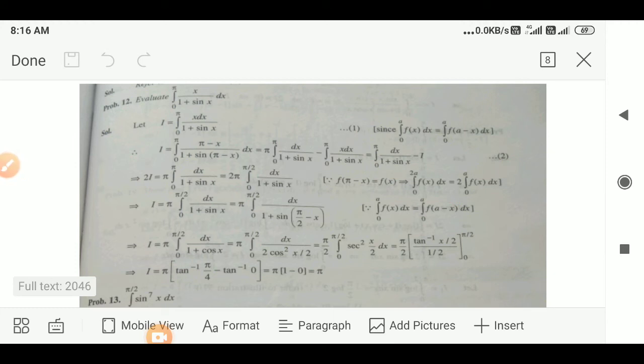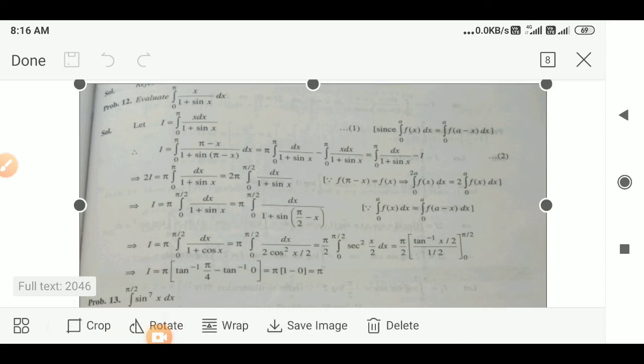Here 2a is equal to pi, so f(2a minus x) is equal to f(x). We know that sin of pi minus x is again sin x, and each term is constant, and then this will give you the same result.